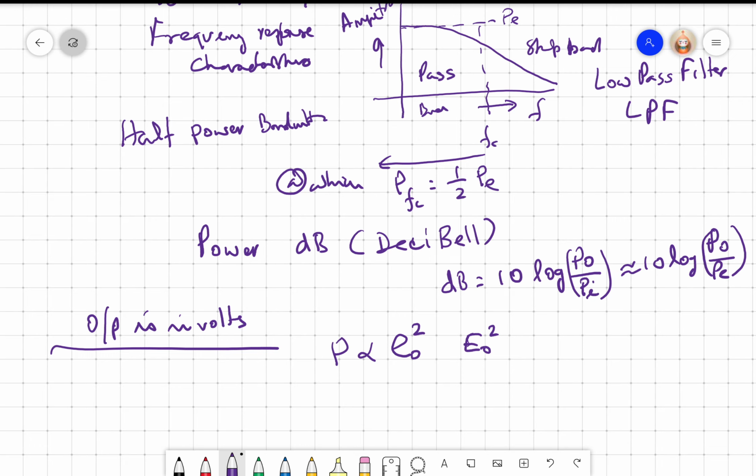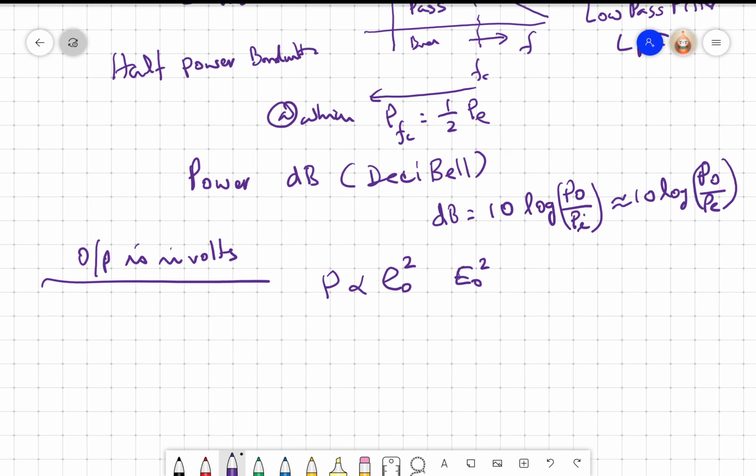So in terms of dB, it is 10 log E naught square by EI square, which for our case is 10 log E naught square by E expected square.